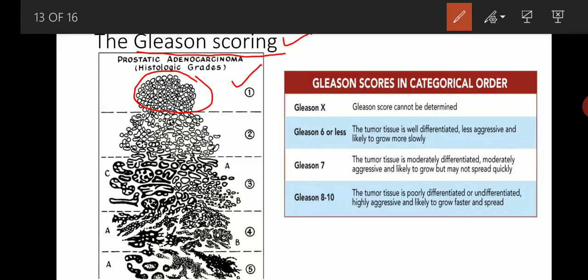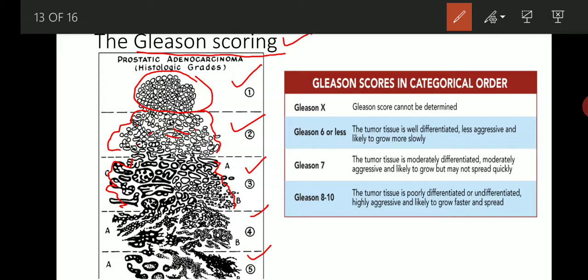If there is looseness of the glands and the boundaries become less defined or ill defined, then the score is 2. Similarly, if the looseness goes on increasing and the boundaries become more and more irregular and indistinct, the score increases from 3 to 4 and 5.